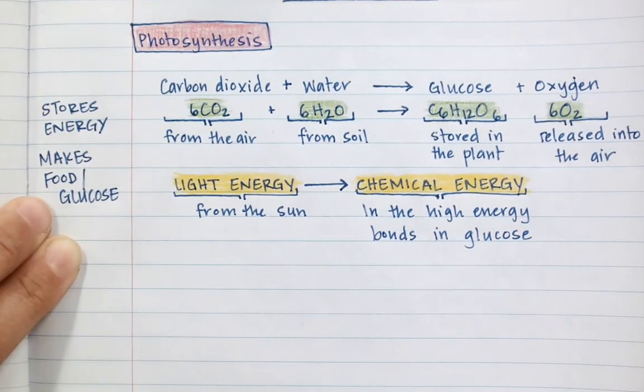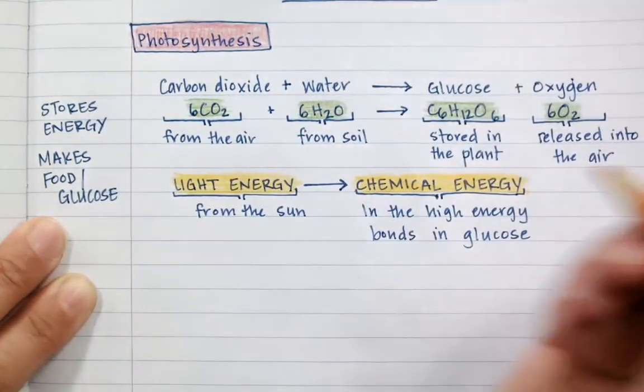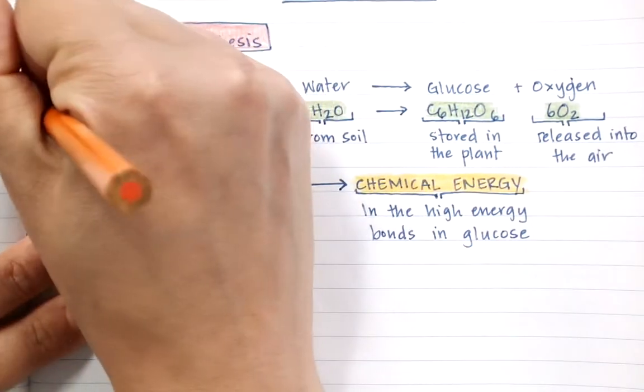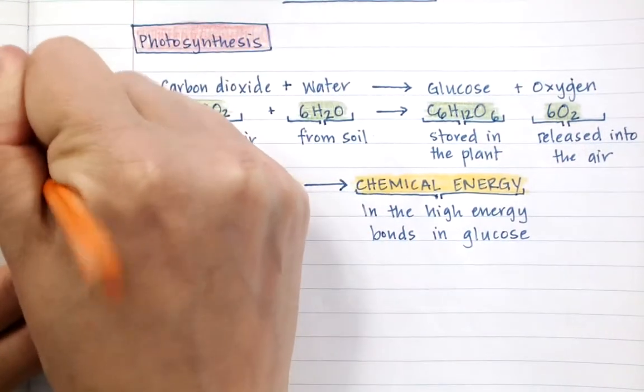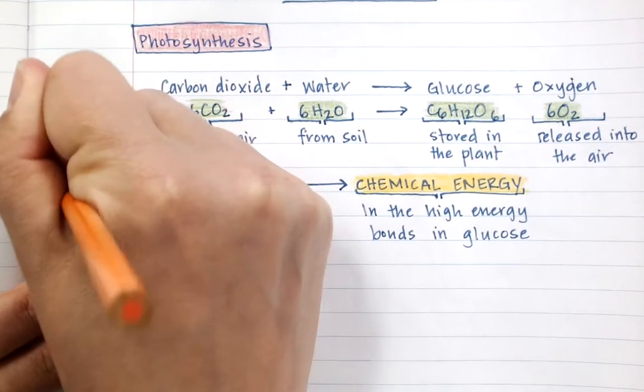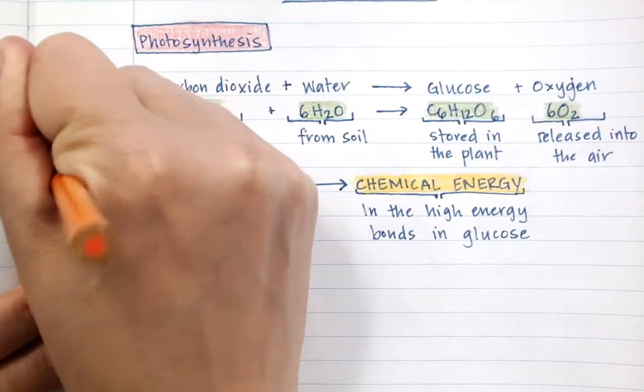So these are the purposes of this process, and I'm going to shade this one in orange. So stores energy, makes food, also known as glucose.